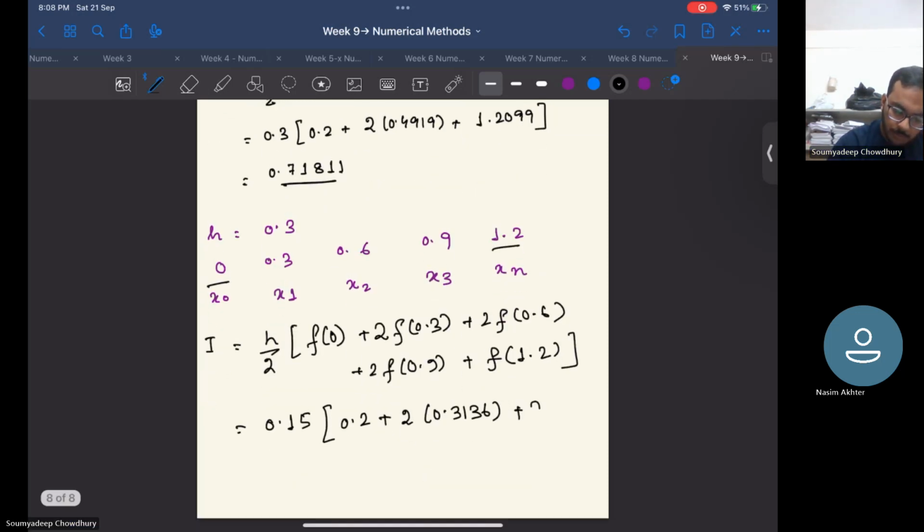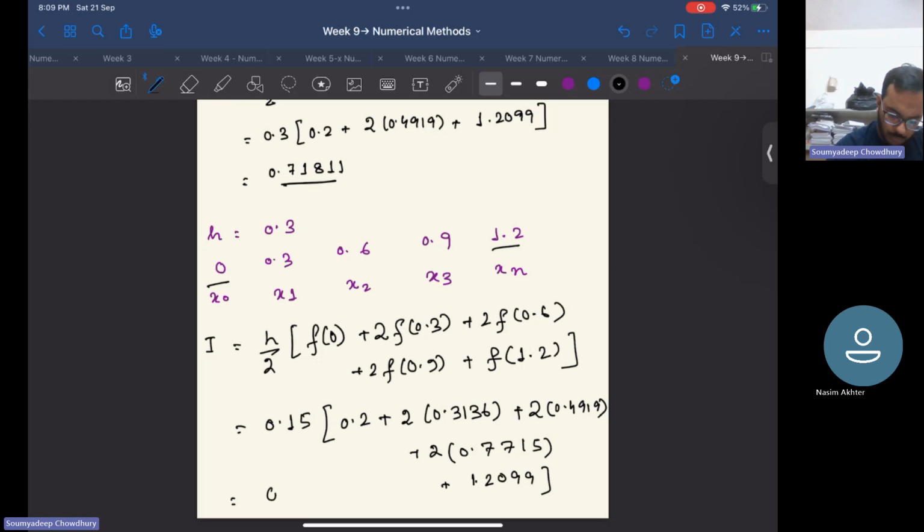0.6 we have seen. Say for 1.2. 0.6. Now it is 0.68459.